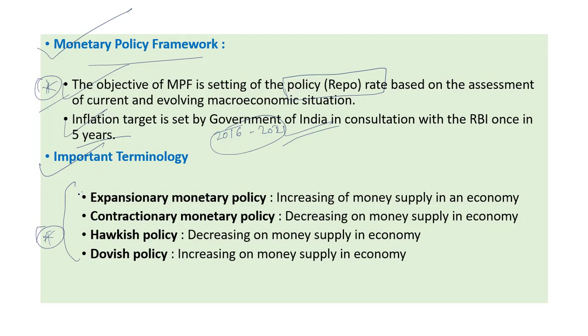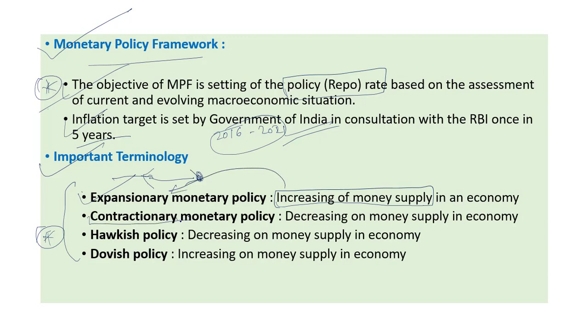Okay, just remember this: expansionary monetary policy. Expansionary, you are widening something. Okay, you are pulling something tied at the other end. So if you keep on pulling a string, it will expand, right? So increasing the money supply in an economy, you are expanding your monetary policy when you increase the money supply.